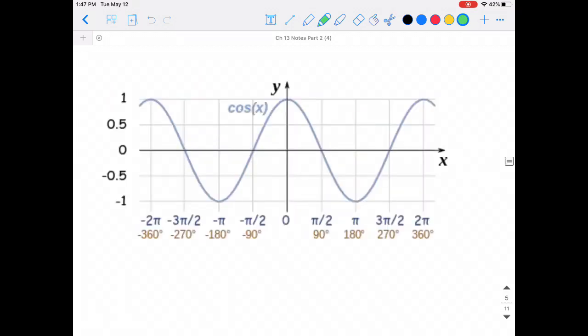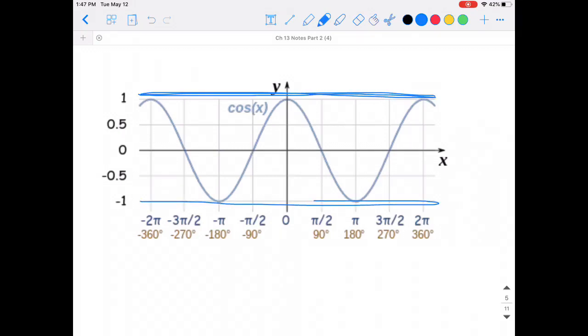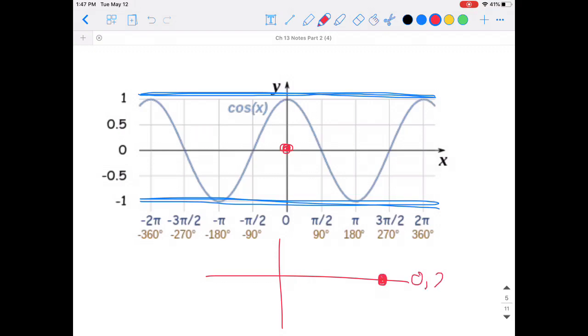So this is what the cosine of x graph looks like. You'll notice without any changes in our amplitude or period, the positive maximum value is positive 1. The negative or minimum value is negative 1. And remember, the sine graph always goes through the origin. Again, if you think about the unit circle, on the positive x-axis, that's 0 and 2 pi.